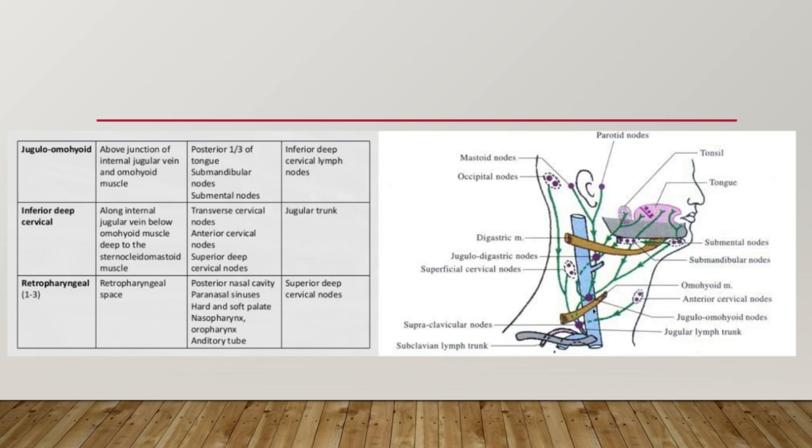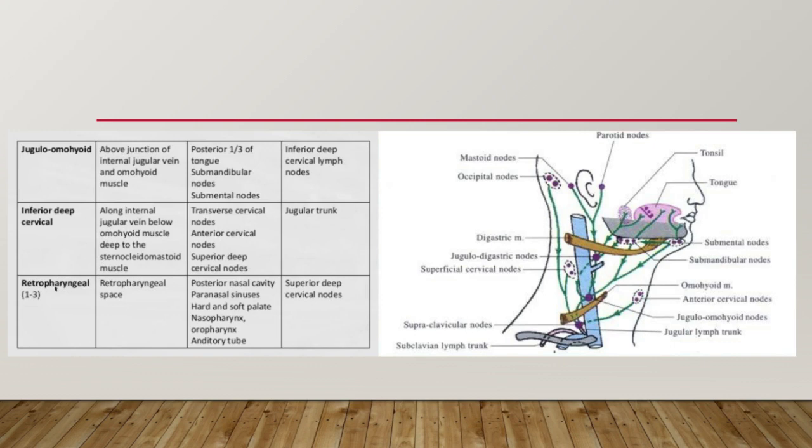So the transverse cervical lymph nodes, the anterior cervical lymph node, and the superior deep cervical lymph nodes all drain into the inferior deep cervical lymph node, as we said earlier. From the deep cervical lymph node, it goes into the jugular lymphatic trunk, which is seen here. So finally, all ends up in the jugular lymphatic trunk.